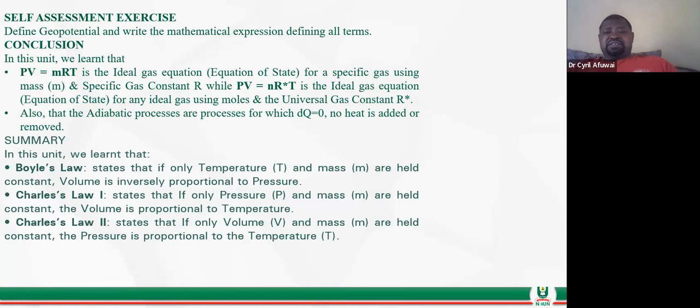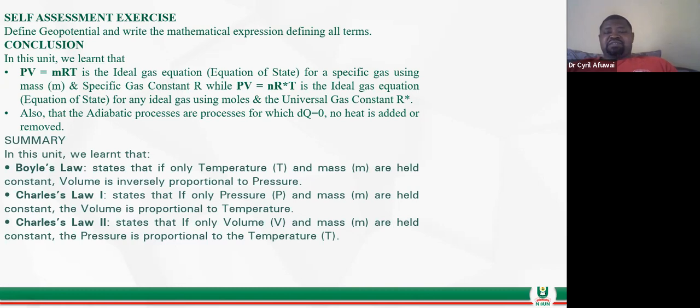You can send questions to me through my email, or you can write your observations or questions on the course page, the Now portal. I expect you to do the self-assessment, which says you should define your potential temperature and write the mathematical expression defining all the terms.